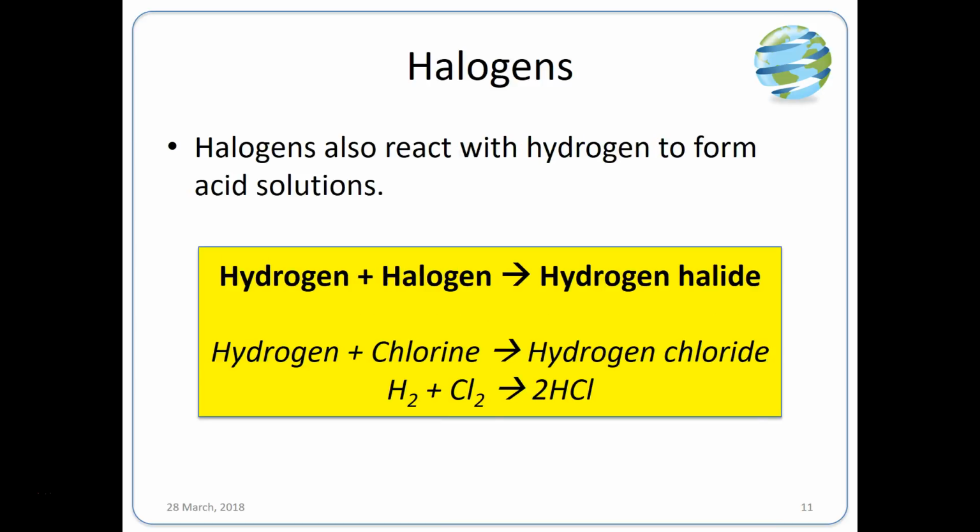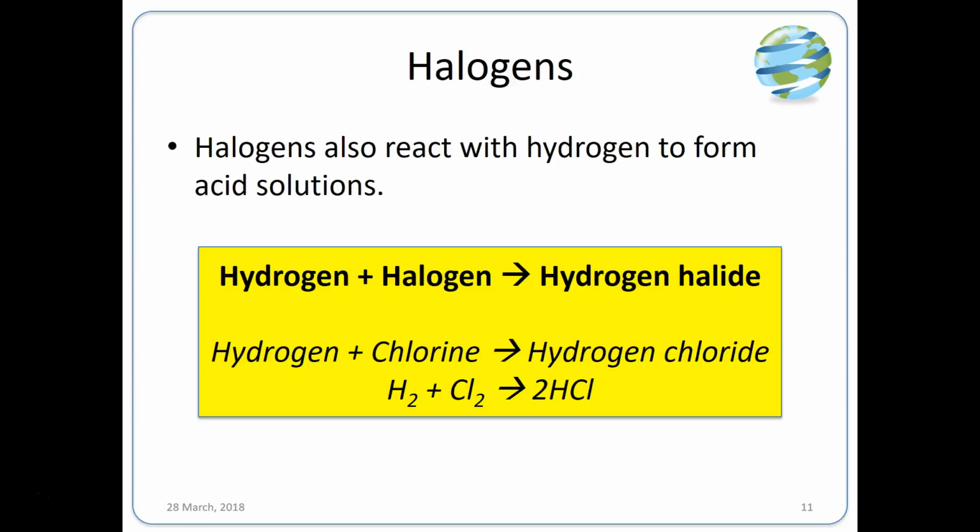Halogens also react similarly to one another when reacted with hydrogen. When they react with hydrogen, they form an acid solution. So a hydrogen with a halogen will form a hydrogen halide. An example of this would be hydrogen and chlorine gas.